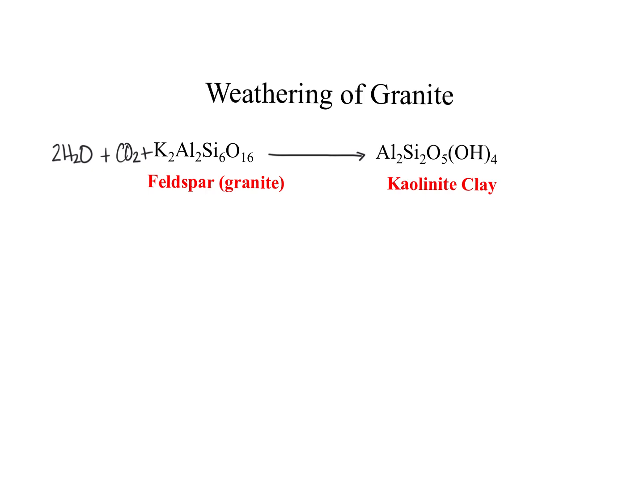It's an aluminous silicate, and there are also other products that it forms. It also forms SiO2, so there's some silica, and potassium carbonate. So in granite, feldspar goes through weathering and forms the aluminosilicate mineral. So there's the aluminum, there's the silicate.